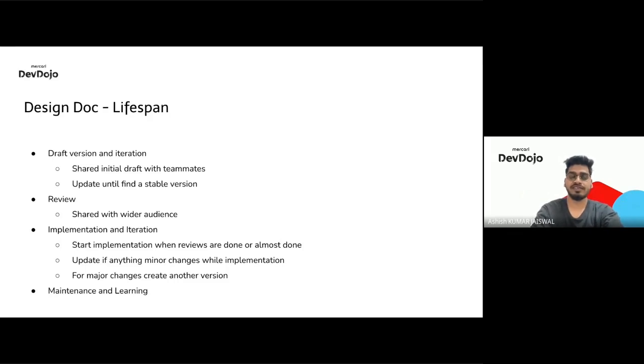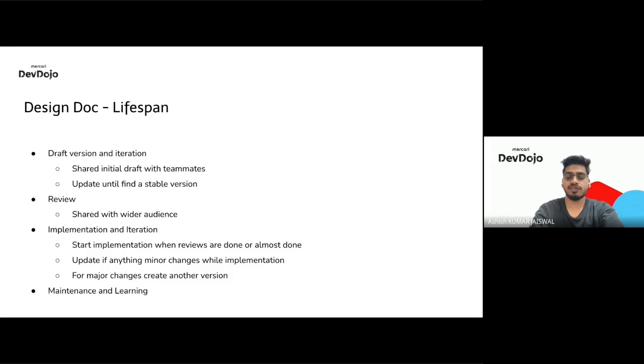For example, the PM can check the spec, the designer can see if the design mentioned in the design doc is correct or not, and also other platform teams, other engineers, and the architect team can see the technical details, whether everything is in the right direction or not.